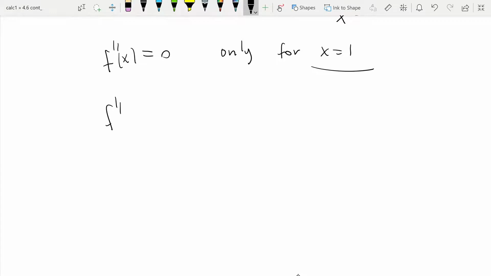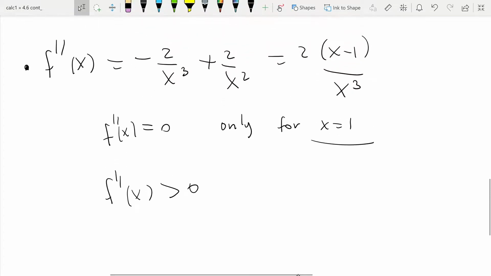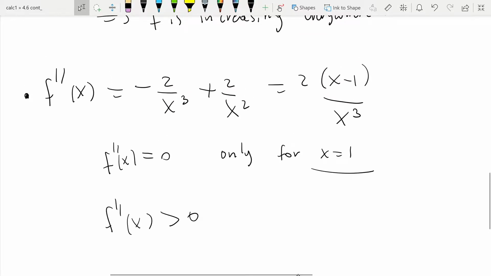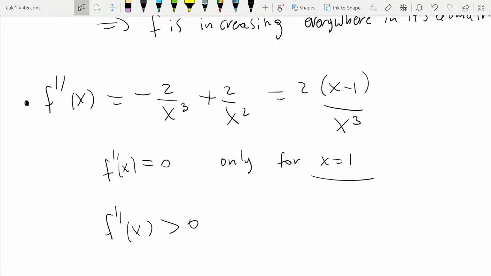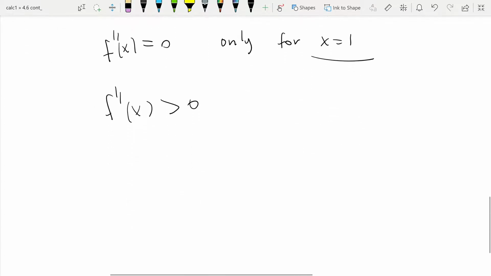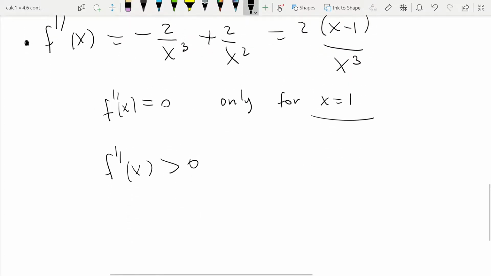And f double prime is greater than 0 when x cubed is always positive if x is positive, so the sign of this expression here depends only on the numerator, and the numerator will be positive when x is greater than 1 and will be negative when x is less than 1, so between 0 and 1.